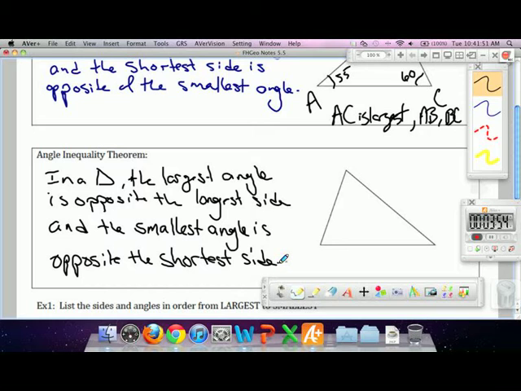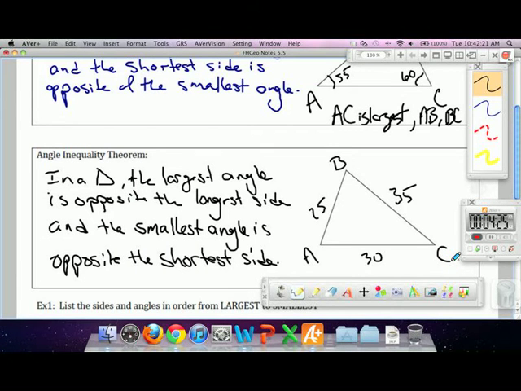So for example, if I said this is like about 35, 30, and 25. We have lovely triangle ABC again. Where does the largest angle have to be? Which angle must be the largest angle? A. Why angle A? Because it's opposite of the largest side.